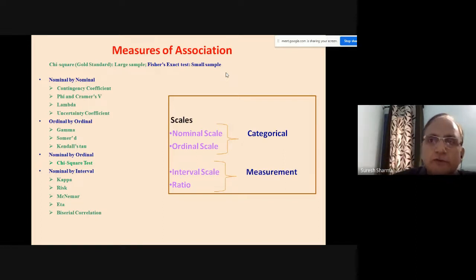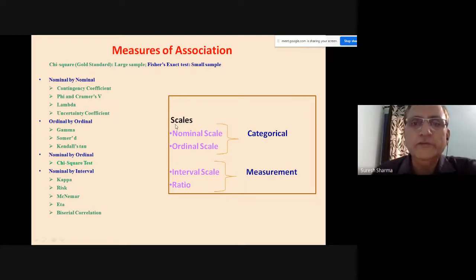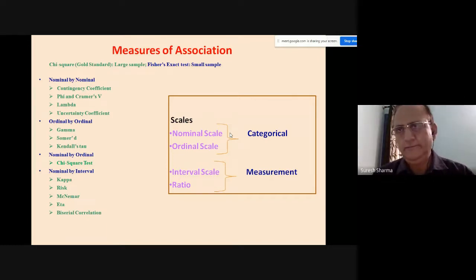So far, if you remember, we have discussed the nominal scale and ordinal scale for categorical data, and interval and ratio for measurement data. Now, suppose X is nominal and Y is also nominal. Let's say one variable is gender, male and female, which I can write as 1, 2.